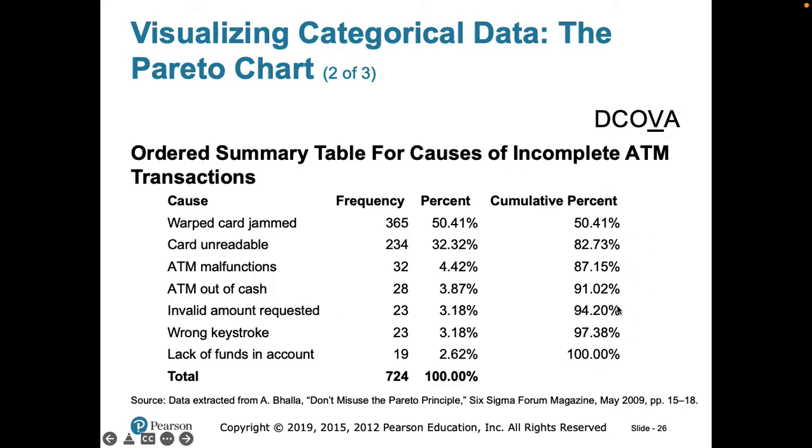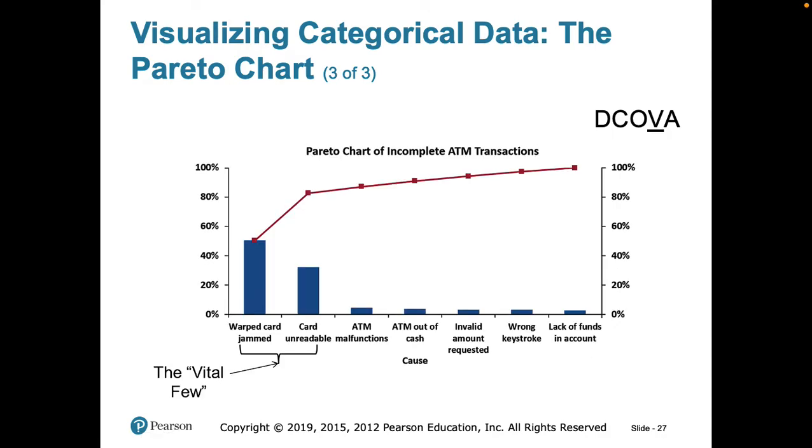So we already did that earlier, and we put that into the Pareto chart. And here is the Pareto chart. So here we can see most of the observations are coming from the warped card. And then right over here, we can see the 80-20 rule, that's what this is supposed to show, because we are doing the cumulative here.